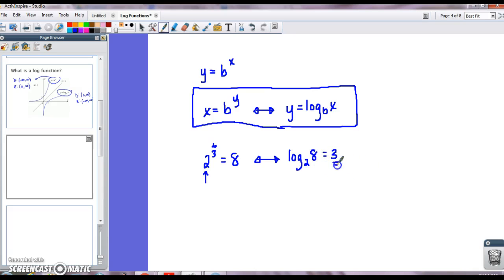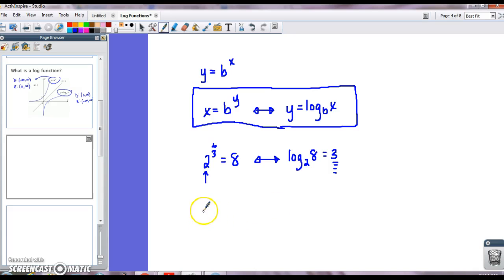That number that's all by itself over here is your exponent. Your base is whatever your base is here, that's a subscript 2. And we say log base 2 of 8 is 3. And that's how we would explain that out. So you can easily switch from log form to exponential form and vice versa.